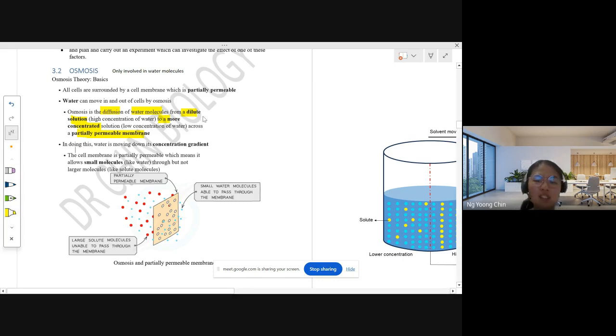You can also write: osmosis is the diffusion of water molecules from high water potential to low water potential, down the concentration gradient, across a semi-permeable membrane.